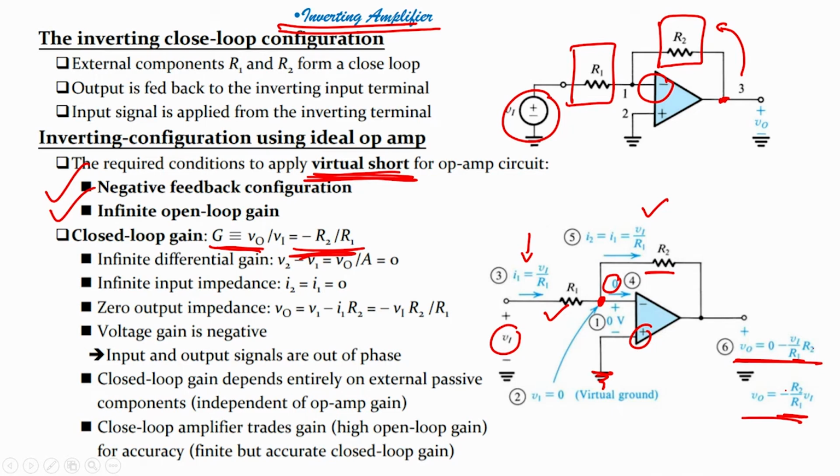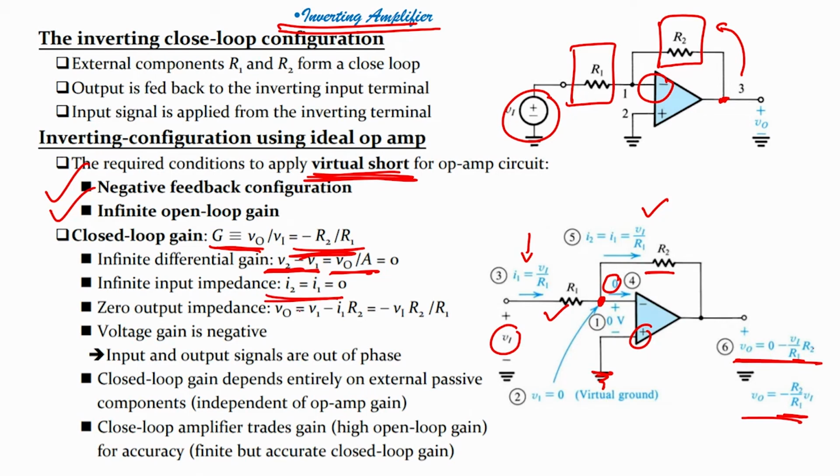Now, with infinite differential gain, V2 minus V1 is nothing but VO by A, which is 0. Infinite input impedance means my I1 equals I2 equals 0.